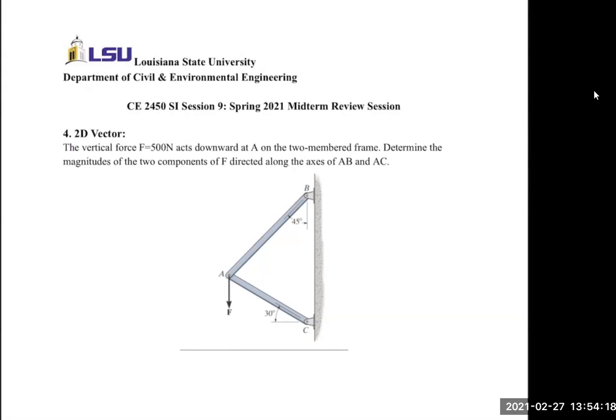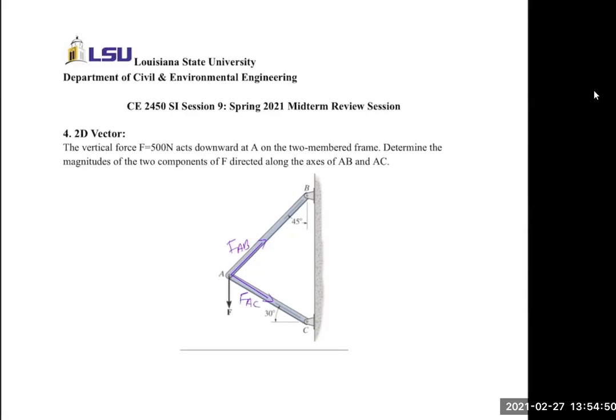It says the vertical force F equal to 500 newtons acting downward at A on a two-membered frame. Determine the magnitude of the two components of F directly along the axes of AB and AC. Okay, so it asks us to find these two force vectors, FAB and FAC.